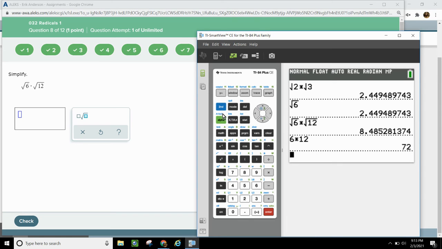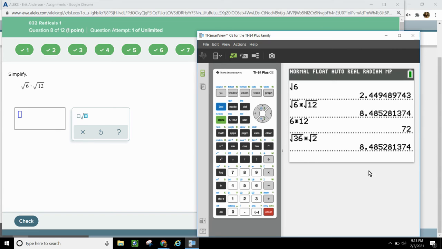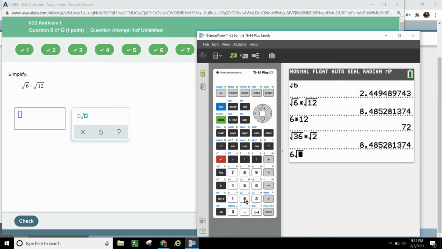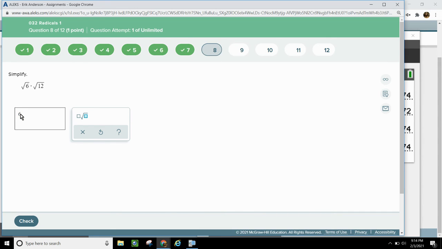It has 36 in it. So we could do the square root of 36 times the square root of 2, and we see that it has the same value as what we were working with before. And this would become 6 times the square root of 2. That's what we're looking for here.